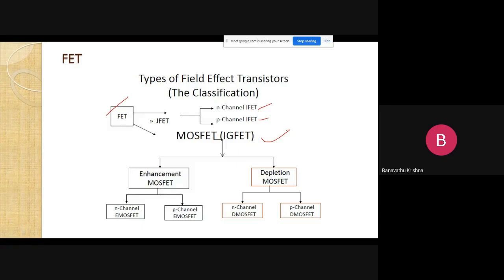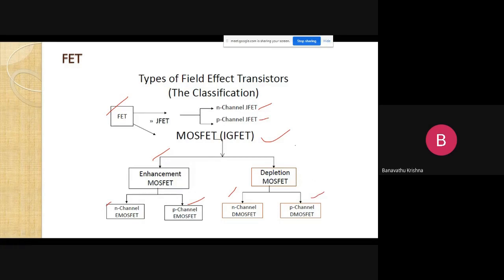The MOSFET is again classified into two types: enhancement mode metal oxide field effect transistor and depletion mode metal oxide field effect transistor. Again the enhancement mode is classified into N channel and P channel. Similarly in depletion mode, N channel and P channel.